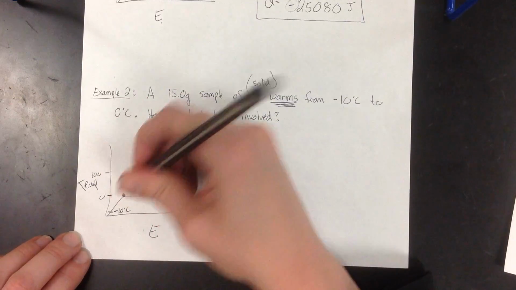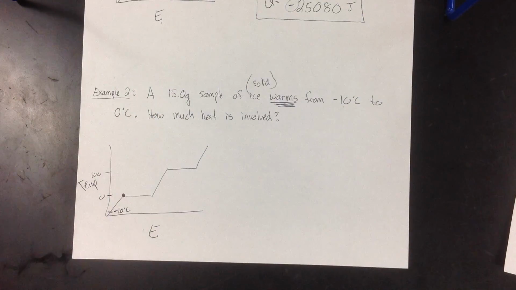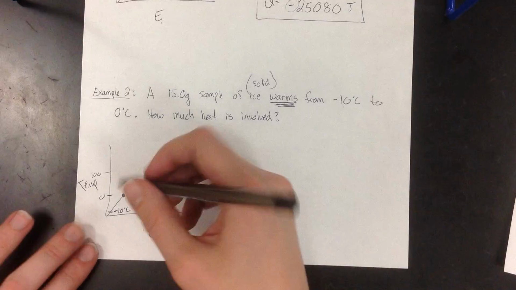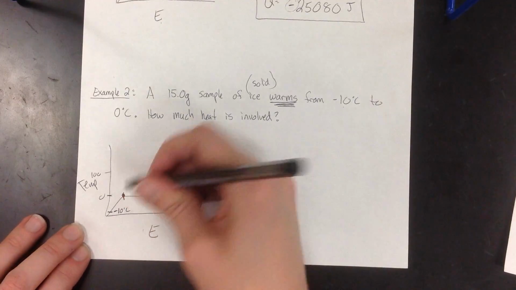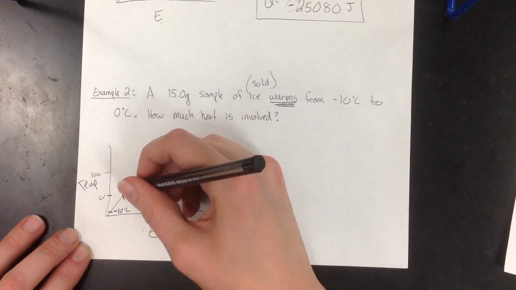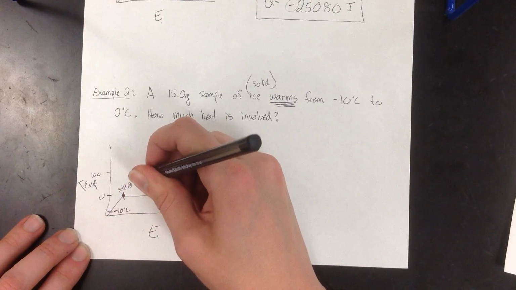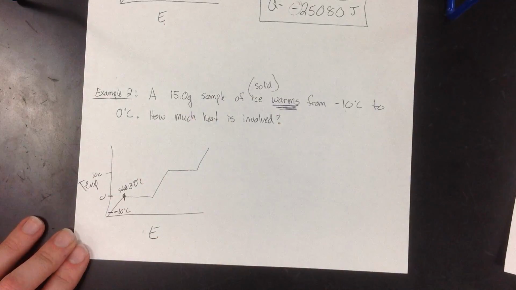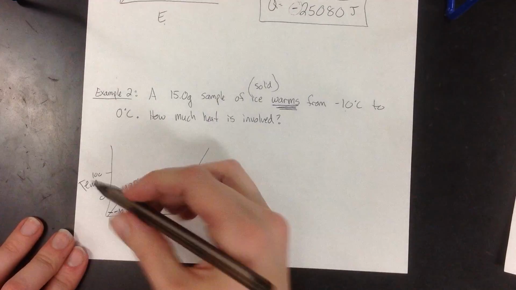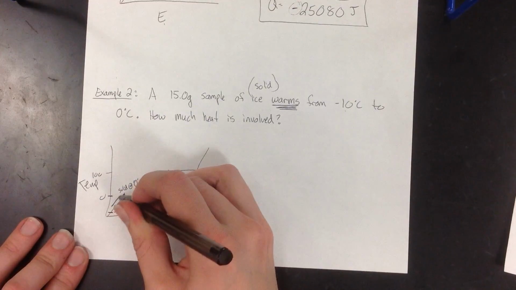Now, it hasn't said anything about melting. It hasn't said anything about going higher than 0 degrees. So I'm going to assume that I'm ending here when I'm a solid at 0 degrees. So I'm in this region, and I'm warming, so I'm going that direction.